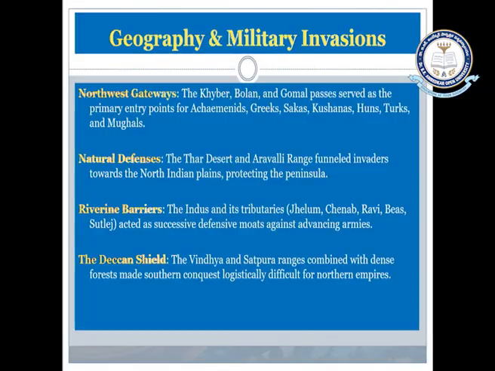That is more important. If we take the military invasions and geography also, the northwest gateways, like as I have told you earlier, the Khyber, Bolan Pass, the Karakoram Pass, they all helped in the passage of people as well as commodities. The Achaemenids, the Greeks, the Shakas, the Kushans, the Huns, the Turks, Mughals, all these people entered India through these Himalayan passes.